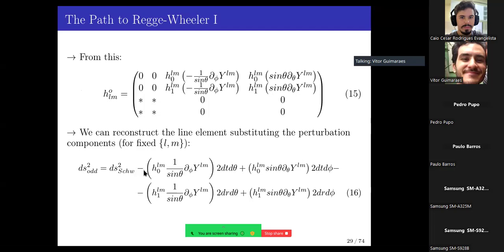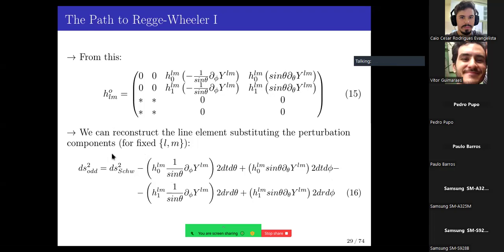When we added the plus polarization, we had one line element, and when we added the cross polarization, we had two different line elements. The same is happening here. So here we plugged in only the odd part of the metric perturbation.